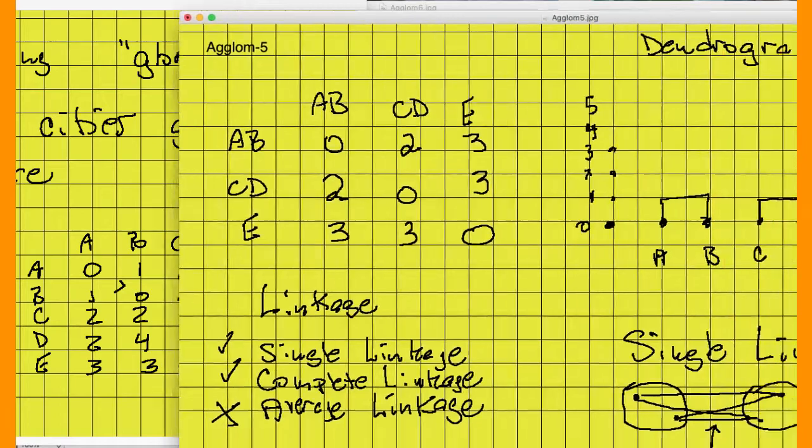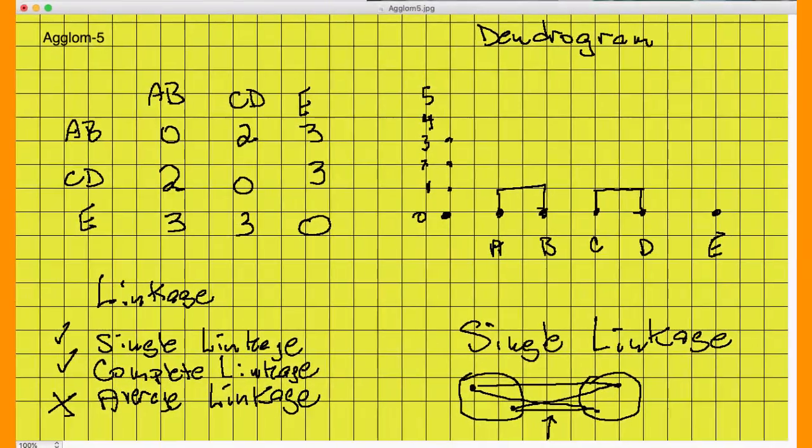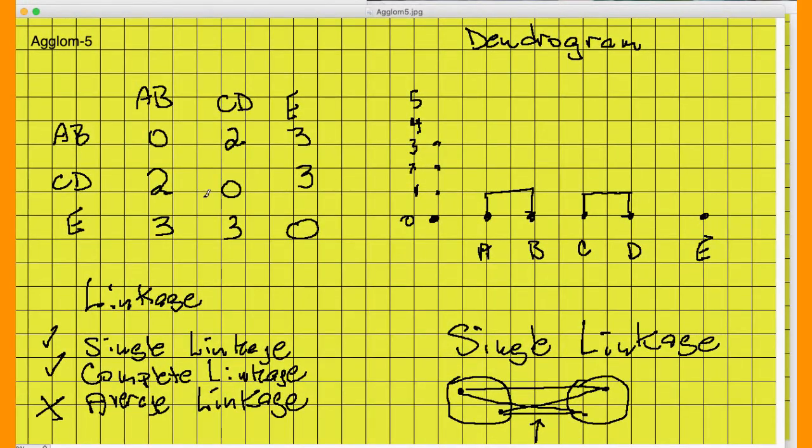Now when I go ahead and do my dendrogram, I'm going to come over here and pick the smallest number and put them together. So now it says I want to cluster AB with CD, and that's going to be at 2.